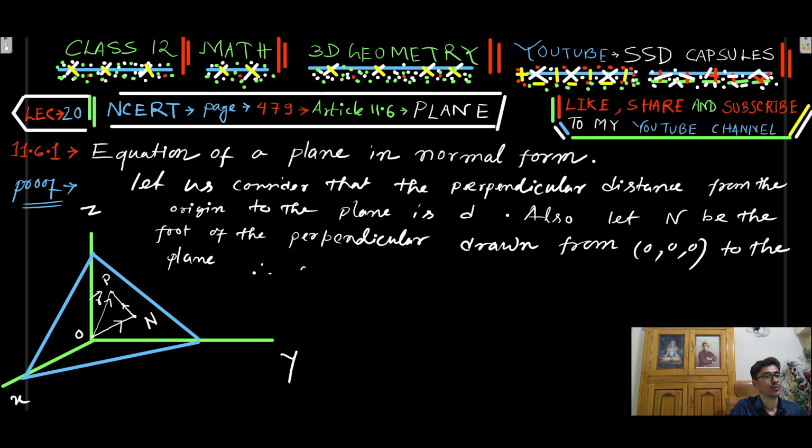Therefore, ON vector is perpendicular to the plane.